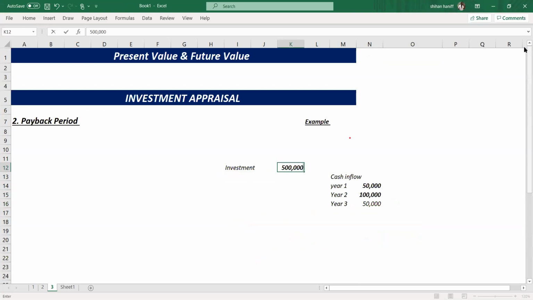Investment is 500,000. Year 1, I'm receiving 200,000. Year 2, I'm receiving another 200,000. Year 3, I'm receiving 400,000. What is the payback period?